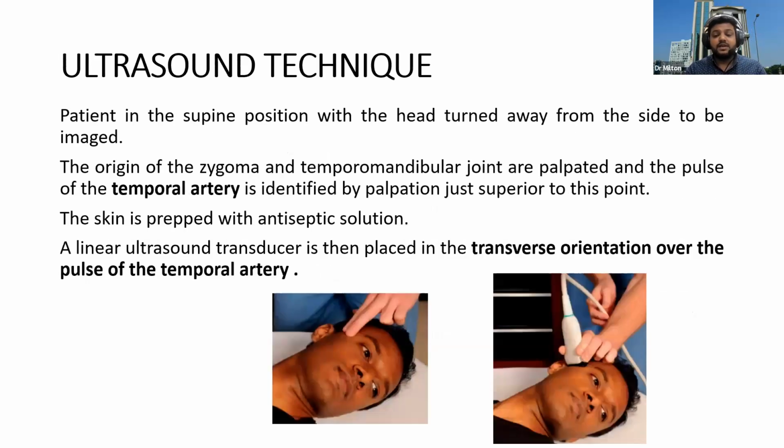If it is damaged, you can identify it by the diagnostic block. After the diagnostic block, you can give dexamethasone or depo-steroid. After that, if you plan for long-term treatment, you can do radiofrequency for these things.